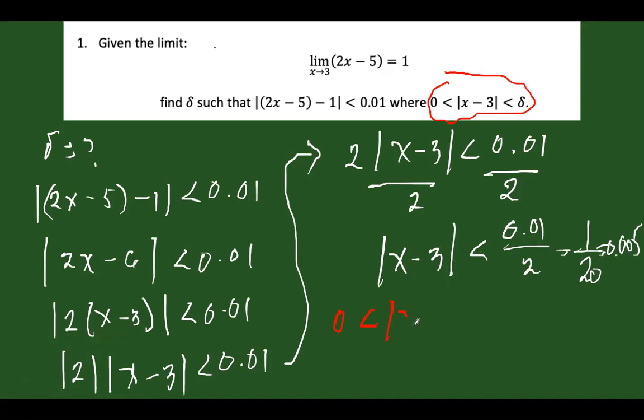We have the absolute value of x minus 3 is less than delta. If we observe, we have already expressed the absolute value of x minus 3, and we know that this is always greater than or equal to 0. So this is already correct. We have met this condition.